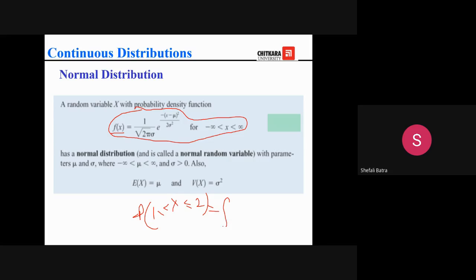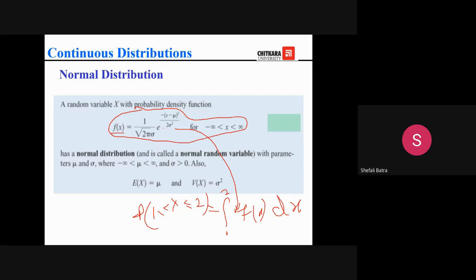What is the formula for evaluating this? Integral from 1 to 2 of f(x) dx. And this is your f(x) over here, which is difficult to solve every time because this is a bit complicated f(x). So every time you need to find the probability, you need to solve this integral, which is a difficult task.